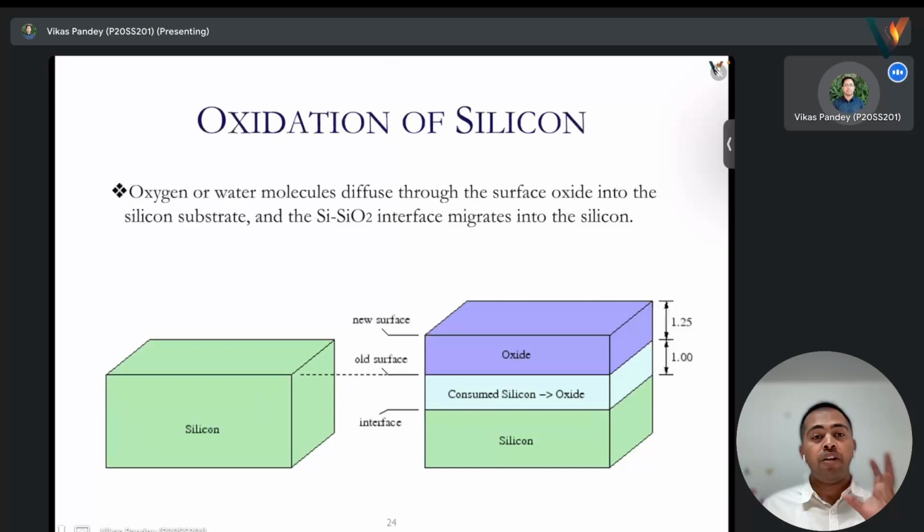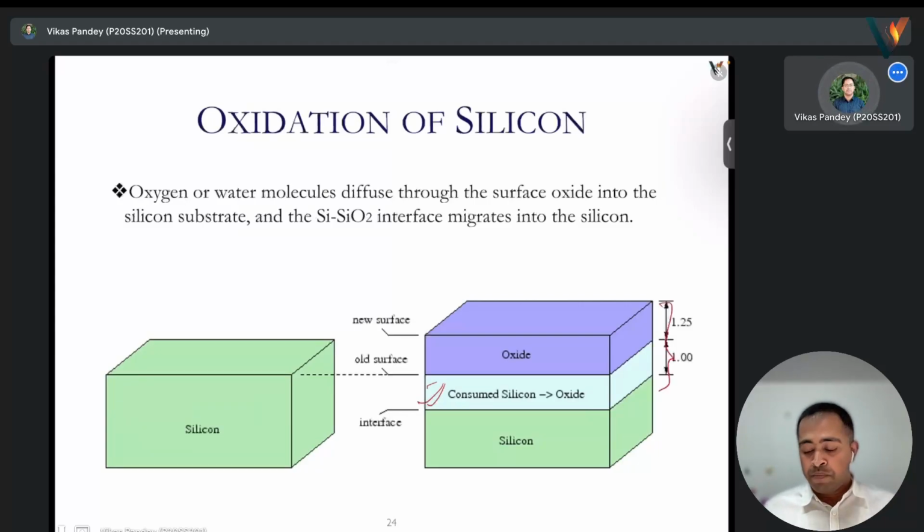One interesting thing is that there are two different things: when you are growing an oxide, and when you are depositing an oxide. Here we are talking about growing an oxide, or oxidation. So the silicon itself will get consumed and make the silicon oxide.